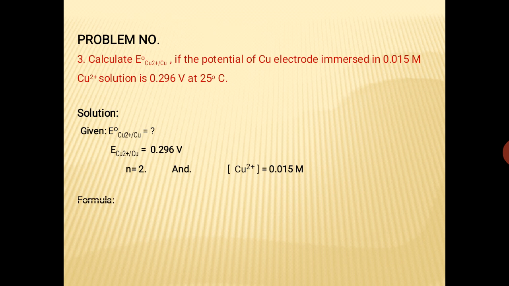Next is the formula. So which formula are we going to use, students, here? Here we are going to use the Nernst equation for single electrode potential, that is E is equal to E0 plus 0.0591 upon N log to the base 10 of Mn+. So next we write the equation like this: E Cu2+|Cu is equal to E0 Cu2+|Cu plus 0.0591 upon N log to the base 10 of Cu2+.